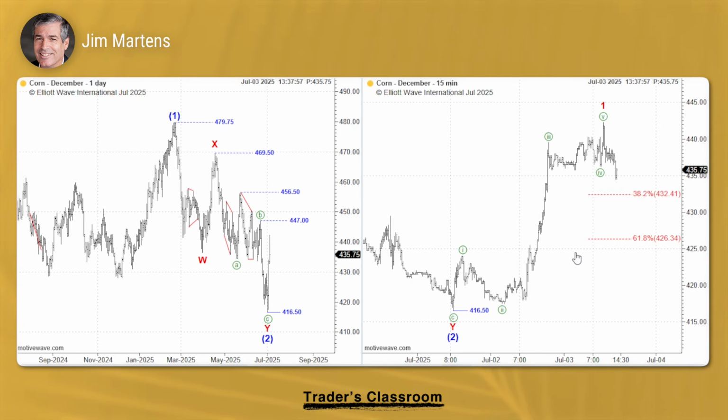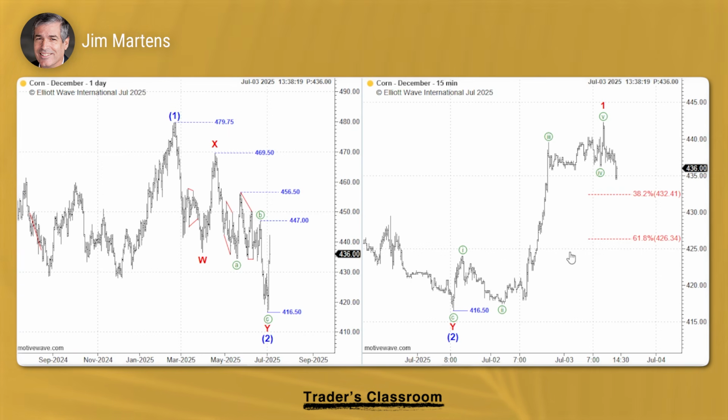I don't see the rally as the end of a corrective move to the upside. Given that it's in 5 waves, it's likely the first wave of something larger to the upside. It's either wave 1, as it's labeled, or wave A of what would be an ABC advance, ultimately.